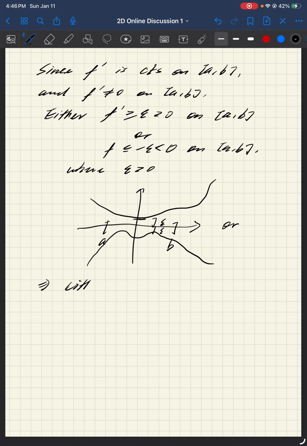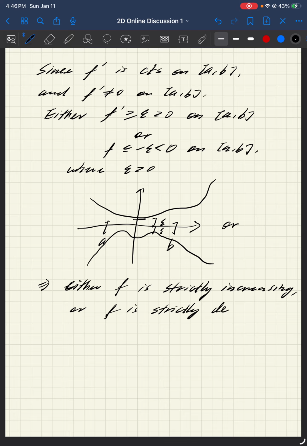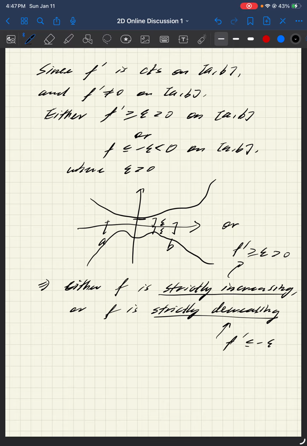Therefore, either f is strictly increasing, or f is strictly decreasing. The case where it's strictly increasing corresponds to f prime larger than epsilon, and the case where it's strictly decreasing corresponds to f prime smaller than negative epsilon.